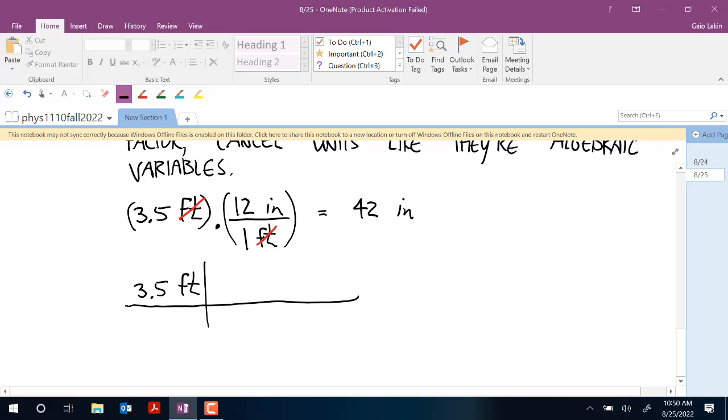So 3.5 feet, and we're going to multiply that by 12 inches in the numerator, 1 foot in the denominator, and it just makes it nice and clear what's in the numerator, what's in the denominator, what's going to cancel. Okay, so that's the way I'm going to always write that.